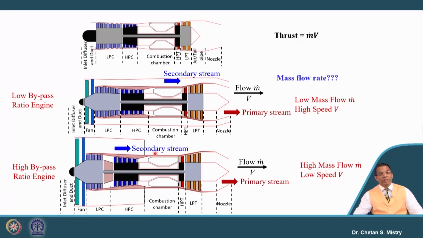Similarly, here we have a high bypass ratio engine, which will suppress the interaction between hot gas and the atmospheric air, and that will reduce the noise. That is a need for future engines. So, this is our second benefit.